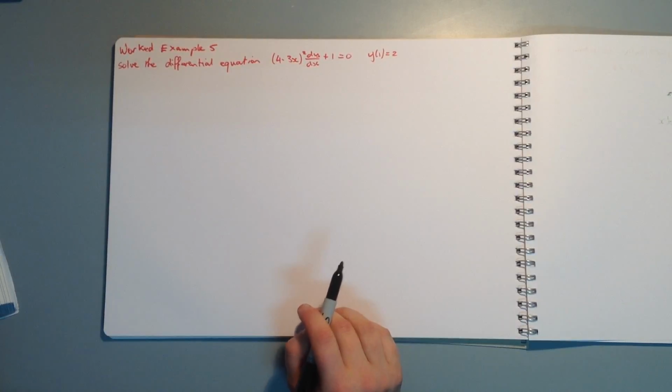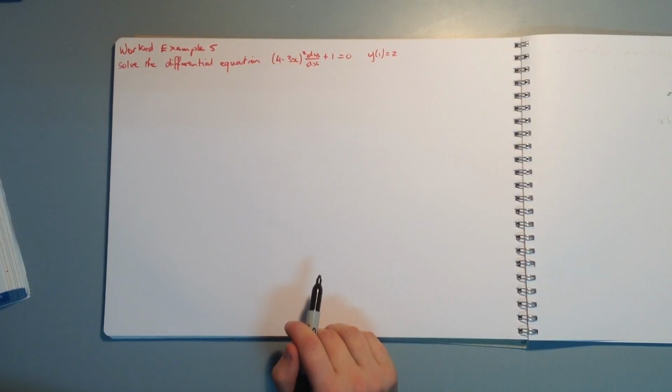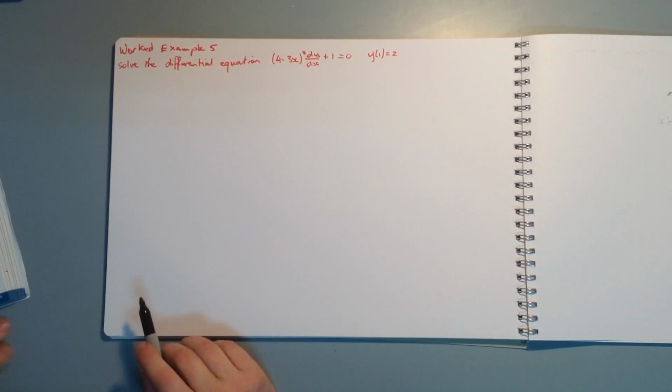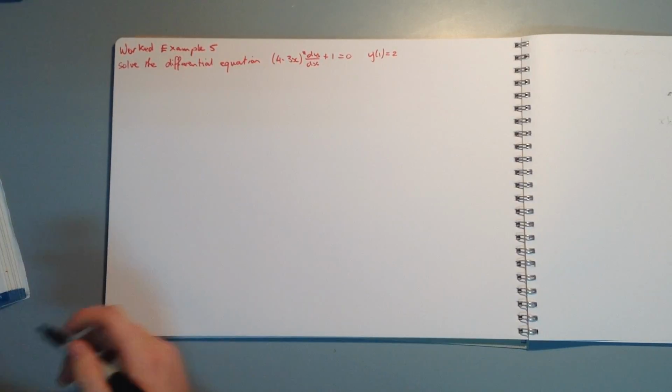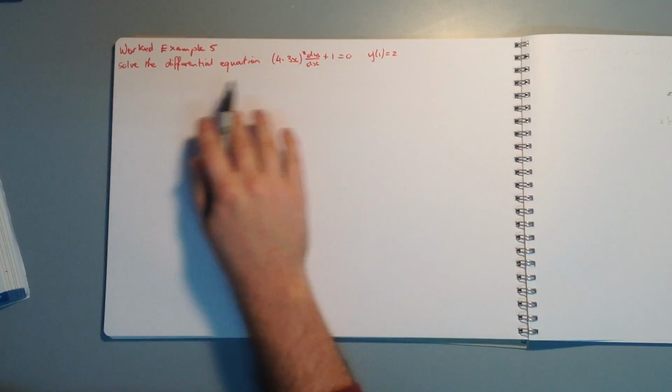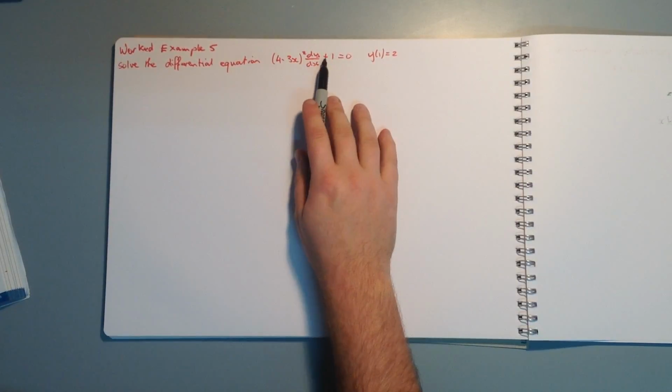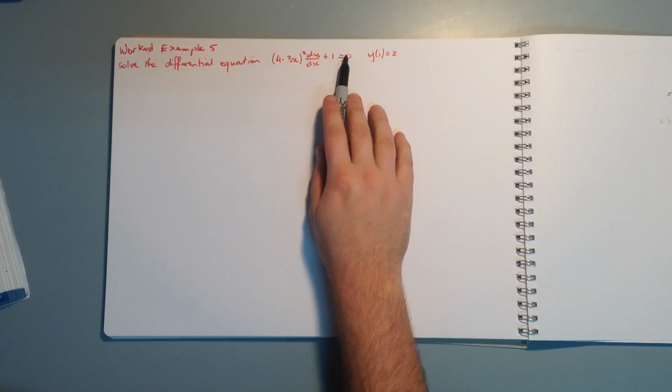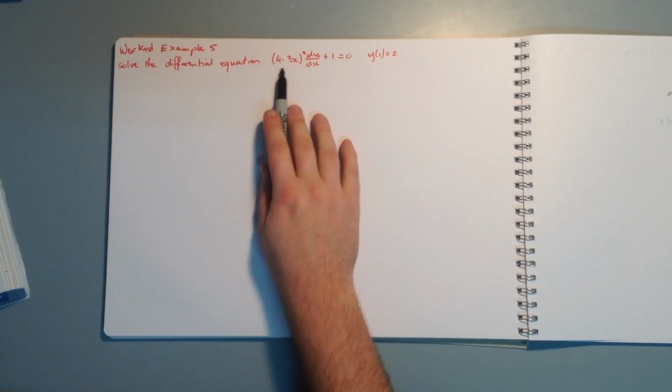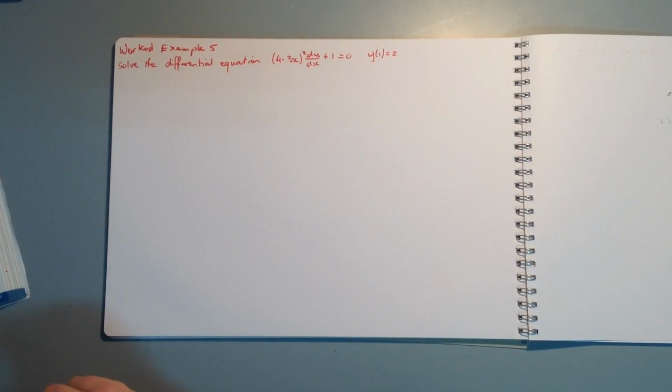What we need to do is use some of our substitution work that we've done previously to find some of our integrals. So we need to rearrange this equation. We can subtract 1 and divide by our (4 minus 3x) all squared.